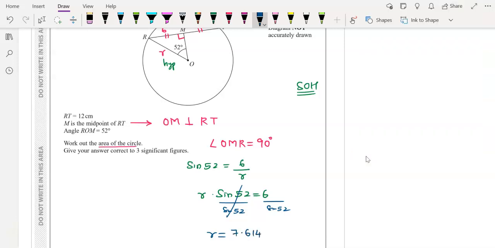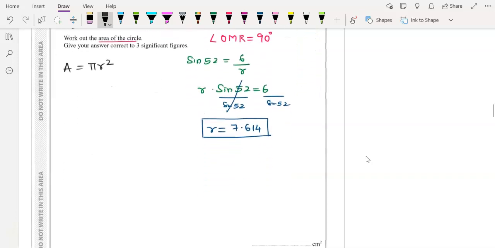Now the question is to find the area of the circle. The formula for area of a circle is pi r square. So just substitute the value. A equals pi times 7.614 square.